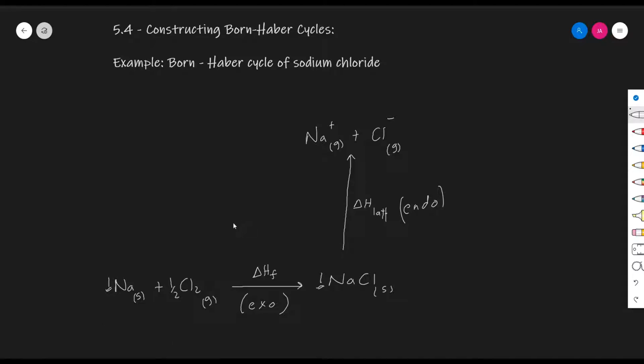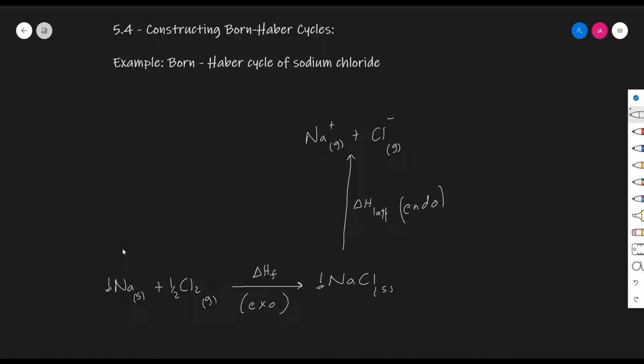The cycle is all about now connecting these elements to these ions. Thus, I need to use the processes we learned in the previous videos to convert these elements in their standard states, taking into account their molar ratios as well, into gaseous ions. Let's consider sodium solid. The first thing I would do to sodium solid, the metal, would be to atomize it.